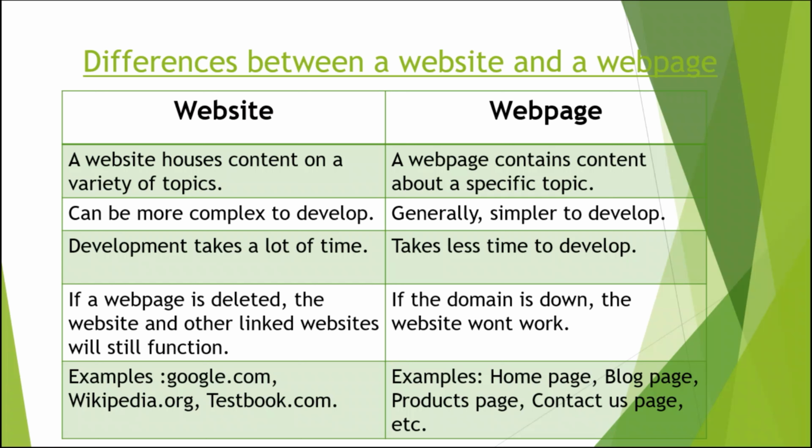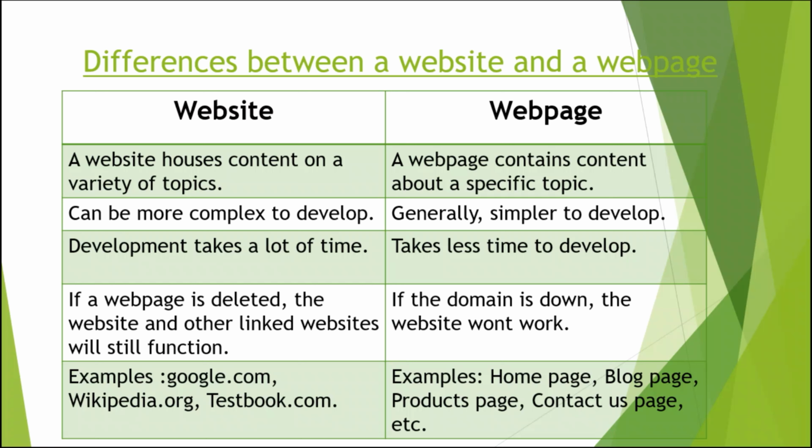For example, if you search up biology on Google, or on any different search engine or web browser, it is going to show you a list of websites, and when you click on those websites they have different web pages. For example, if it's biology, those web pages could be adaptation, reproductive system, digestive system, movement, different topics under biology. But all those different topics are considered web pages because there's only a single, specified topic in them.